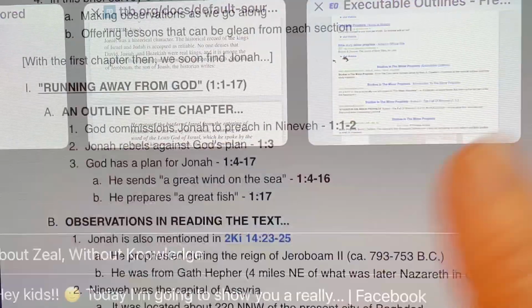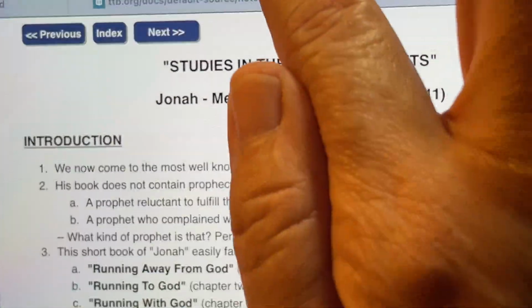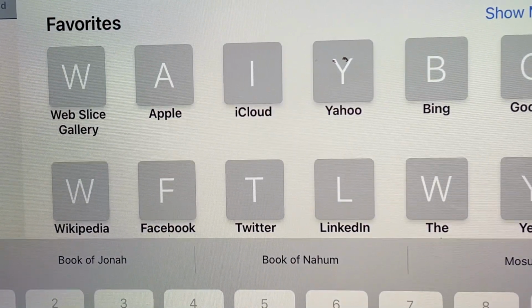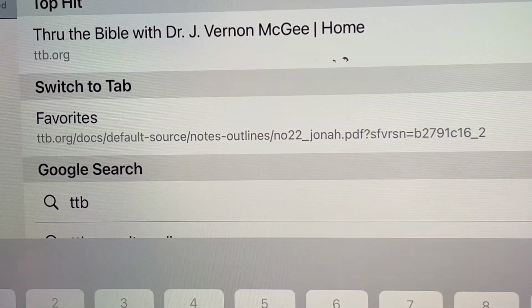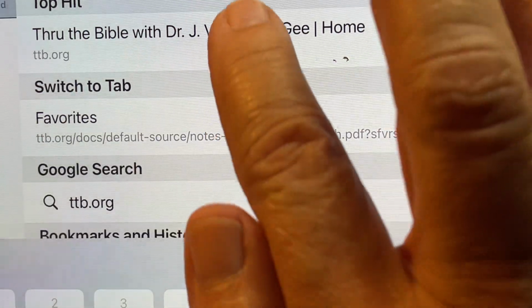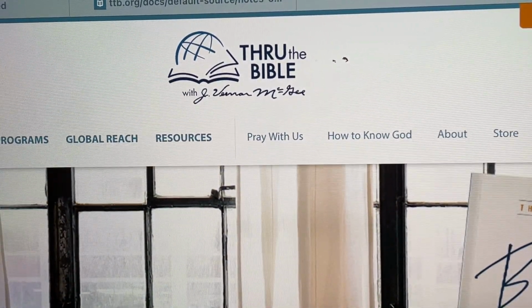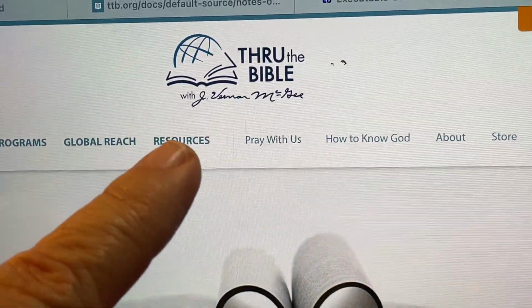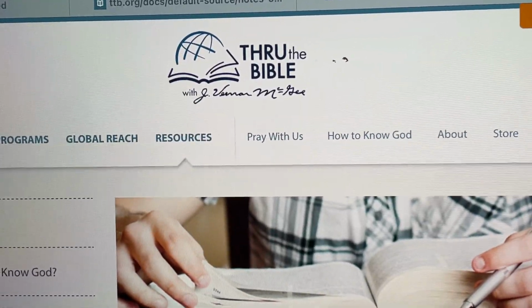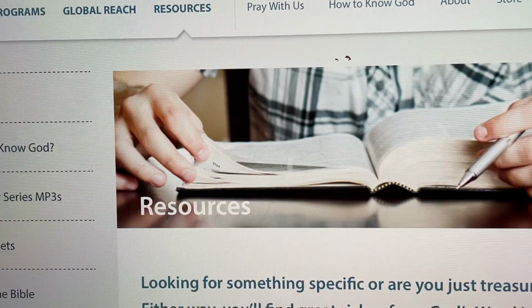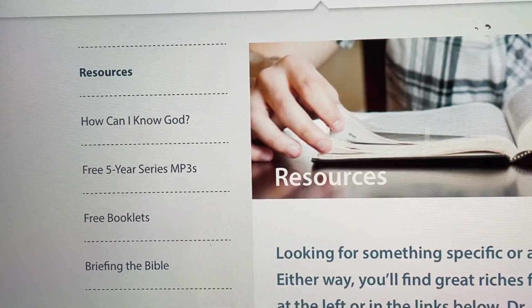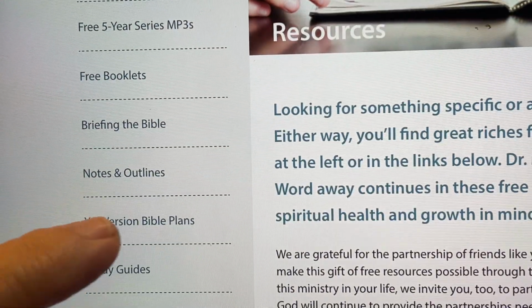And then one other place I want you to see is Through the Bible by J. Vernon McGee, and it's ttb.org. He also does outlines, but it's mostly notes. So I'm going to go right here to resources, and then over here to notes and outlines.